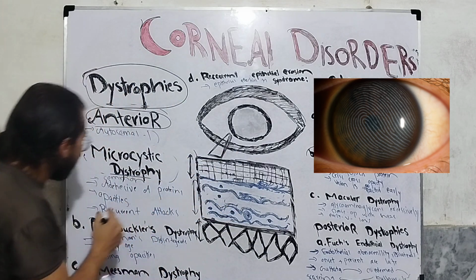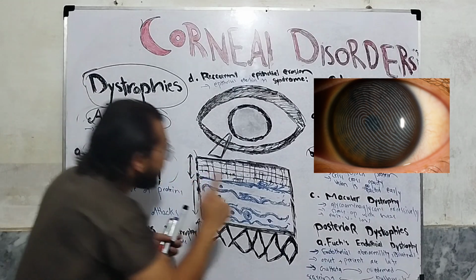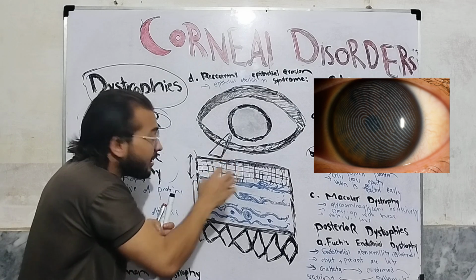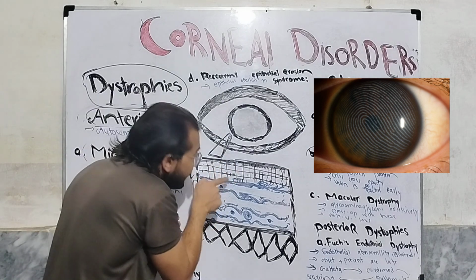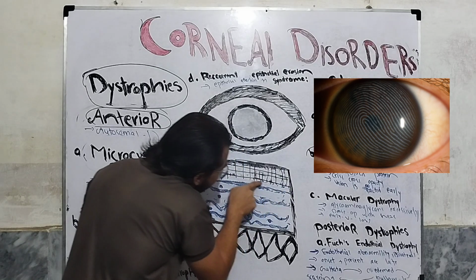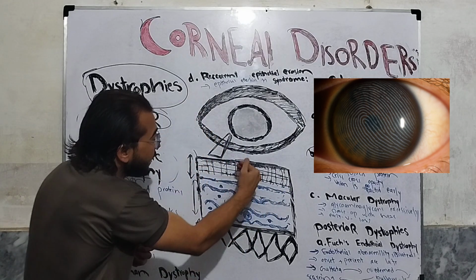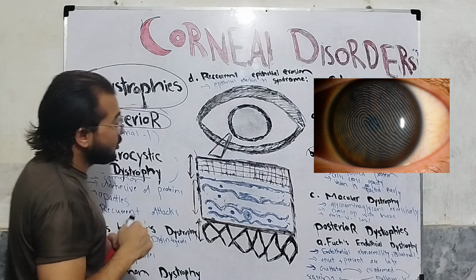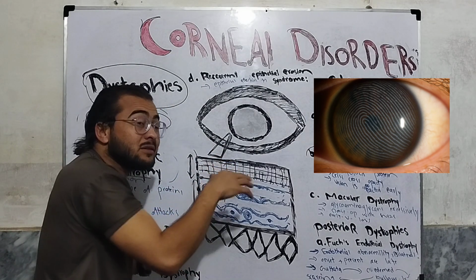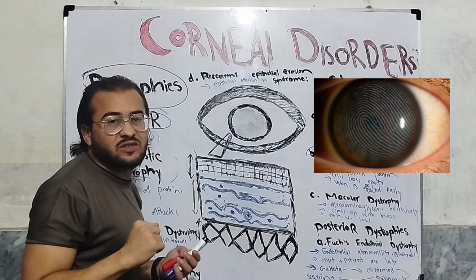What is happening in microcystic dystrophy? There are adhesion molecules between the epithelium and the Bowman's layer, and there is a genetic problem in these adhesive molecules. So the areas will degenerate, and this destruction will ultimately lead to opacity.